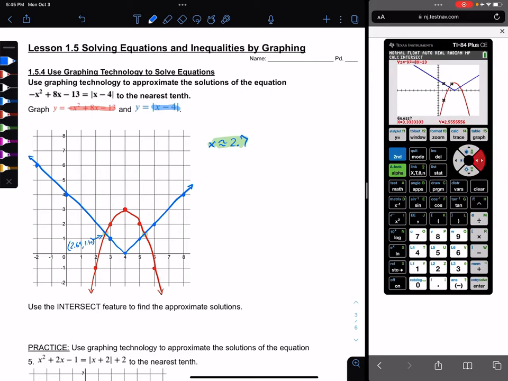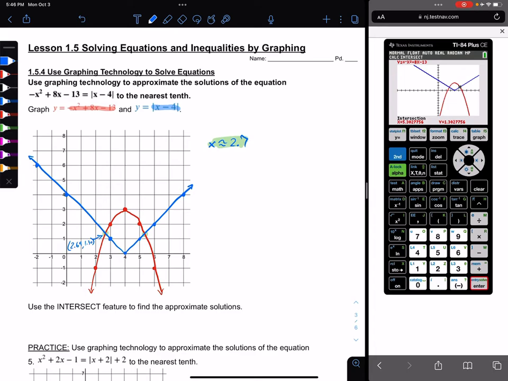So this time I need to keep scrolling to the right and put the cursor closer to my other solution. Whatever solution is closer to where you hit guess, that's the one the calculator is going to give you. It's not going to pick them. It's not going to show you the second one unless you specifically tell it to look for it. So put that cursor by the second solution, hit enter, and now we see that we have 5.3 and 1.3.